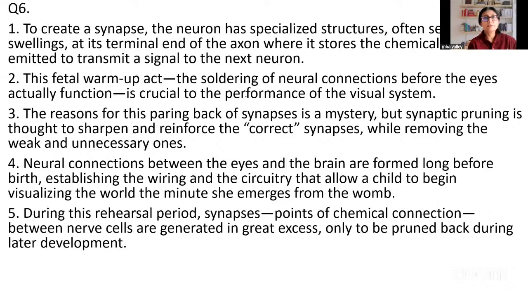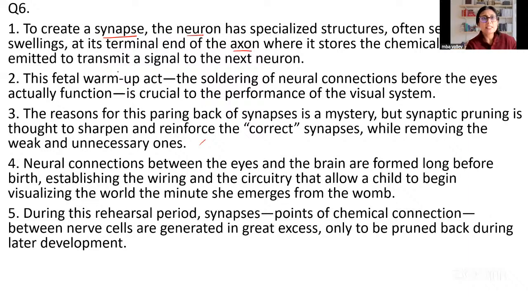So we have the word synapse, we have the word neuron. It's talking about the next neuron, about signals, about the axon.